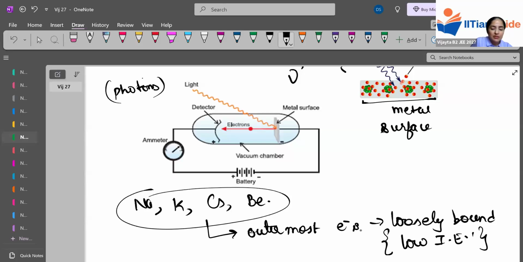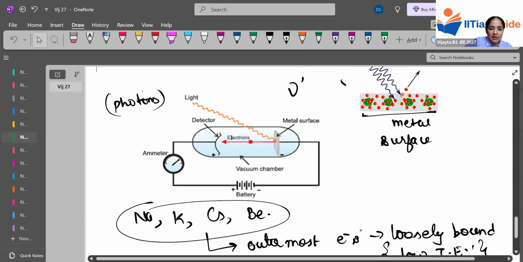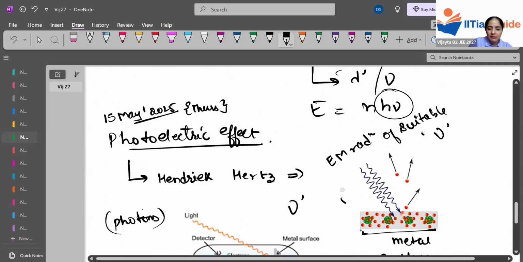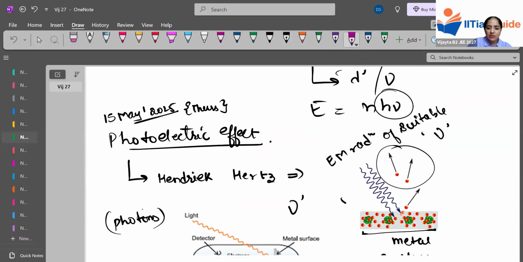Since these electrons are generated by photons, the ejected electrons are known as photoelectrons, and the current they generate is known as photocurrent.